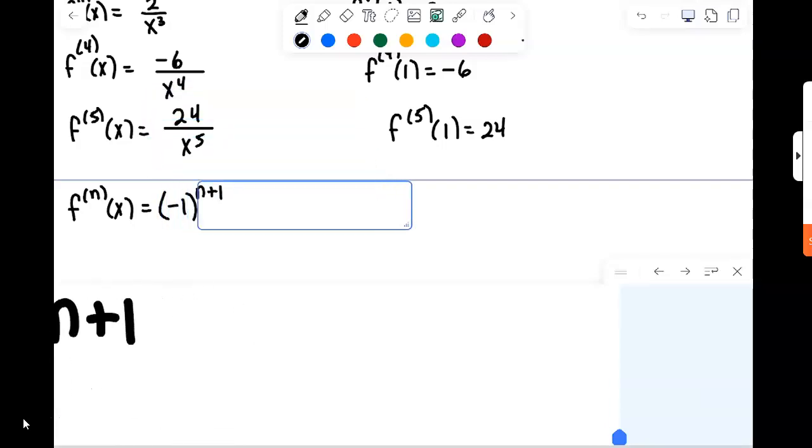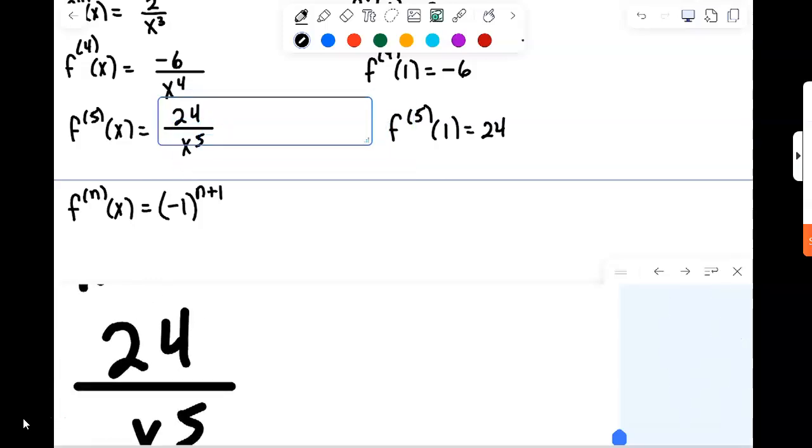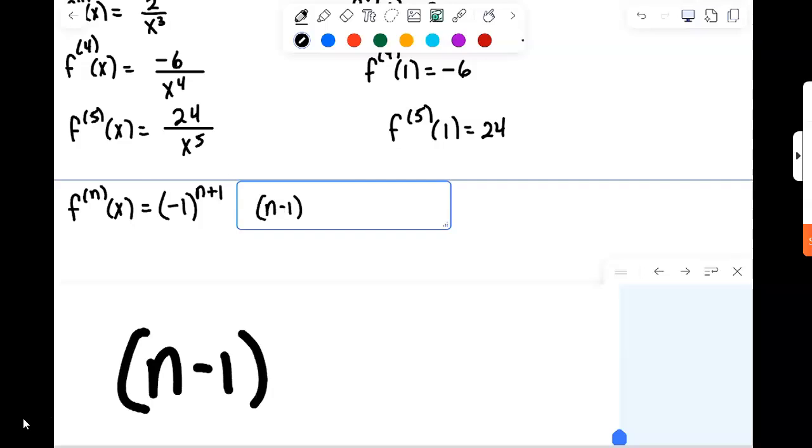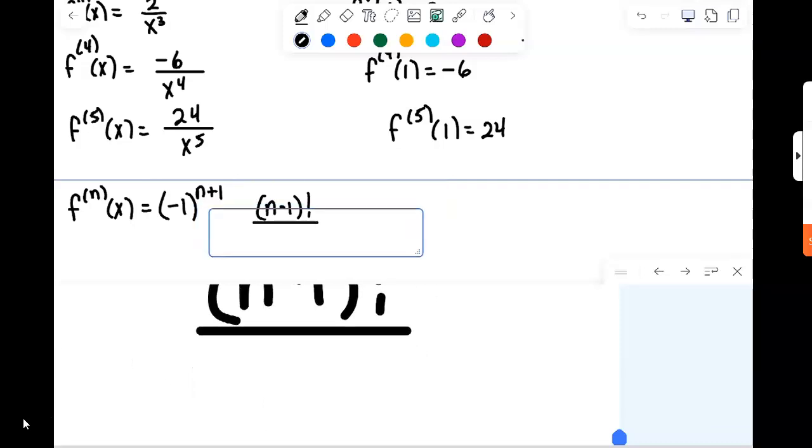And then the numerator is going to be the factorial that's 1 smaller than the derivative we're taking, because the next one we multiply by 5, the 6th derivative. So that's going to be n minus 1 factorial, and then that's all over x to the n.